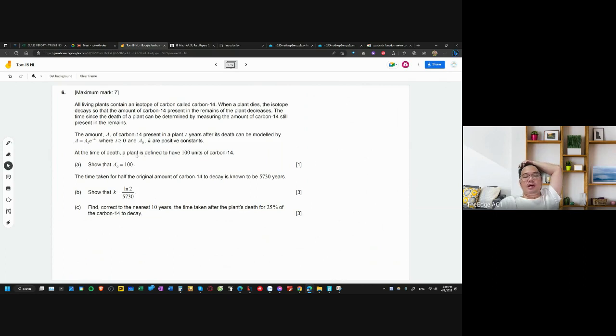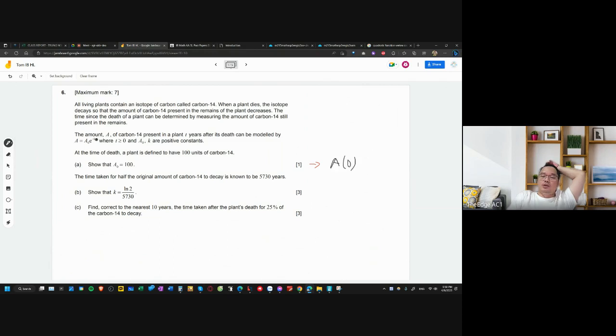At the time of death, the plant is defined to have 100 units of carbon-14. Show that A0 is 100. At the time of death means we replace the value t here with 0. So the solution to question A is very simple, 1 mark. Just replace the time with 0.